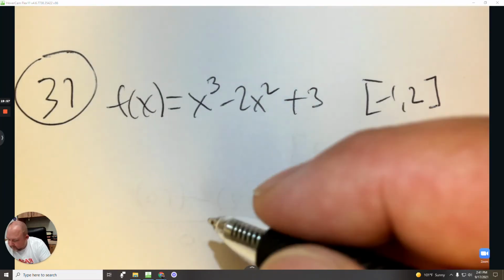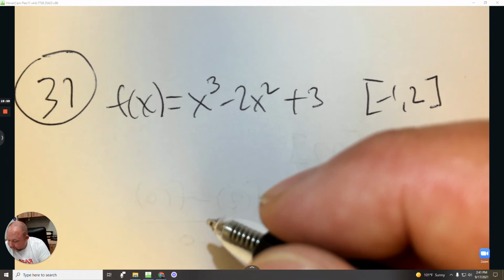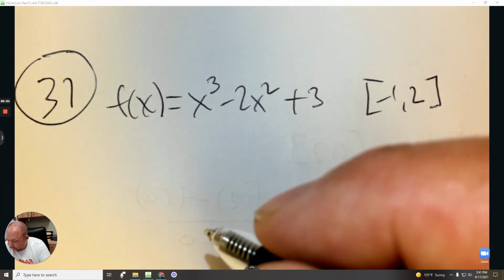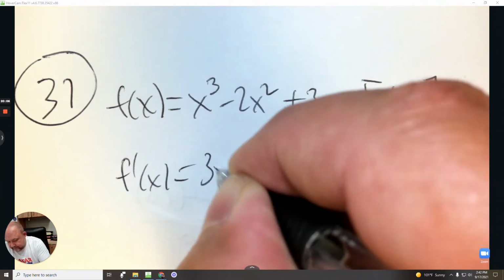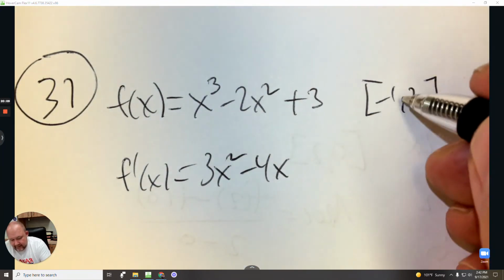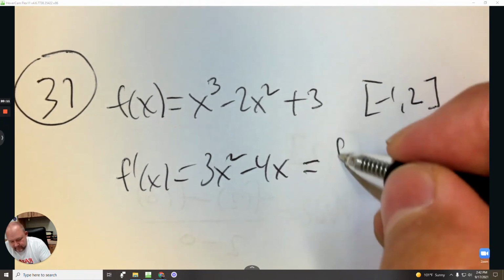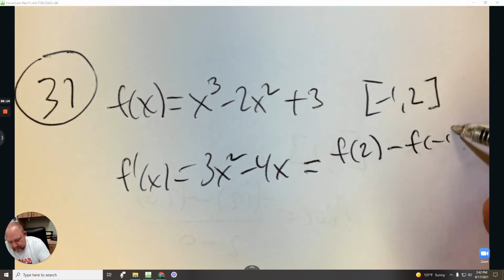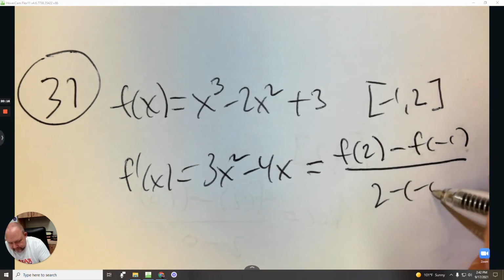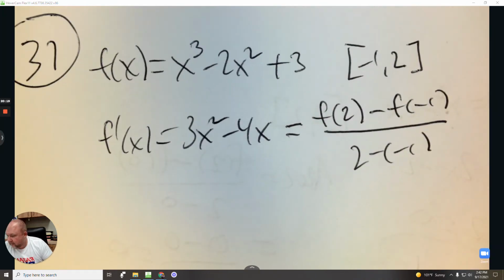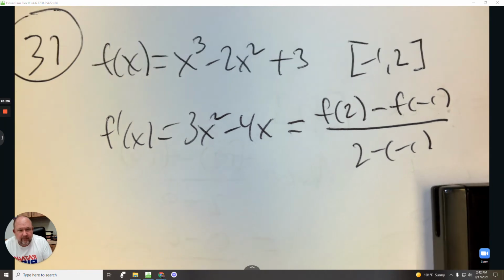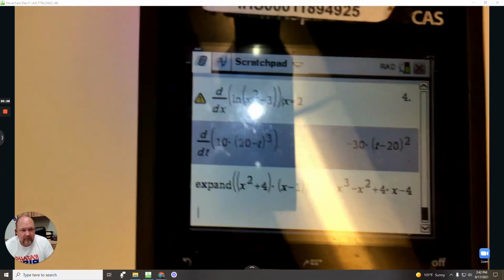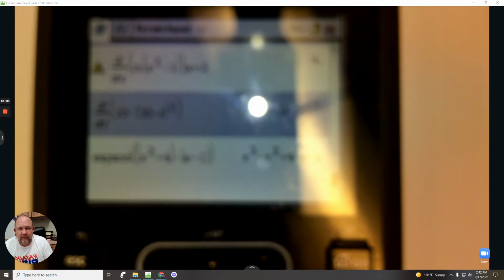For the mean value theorem, I'm going to take the derivative and the AROC, and then it says I can use my calculator, so why not? So how would I set this up to be as efficient as possible? So this is what I would do.